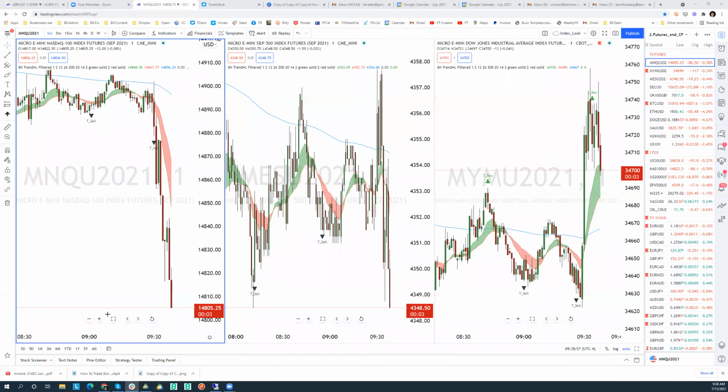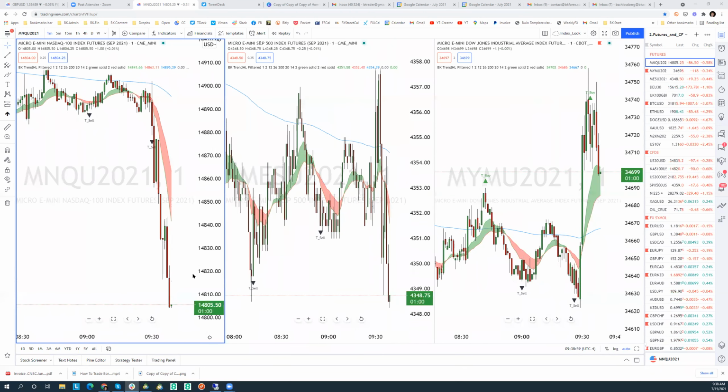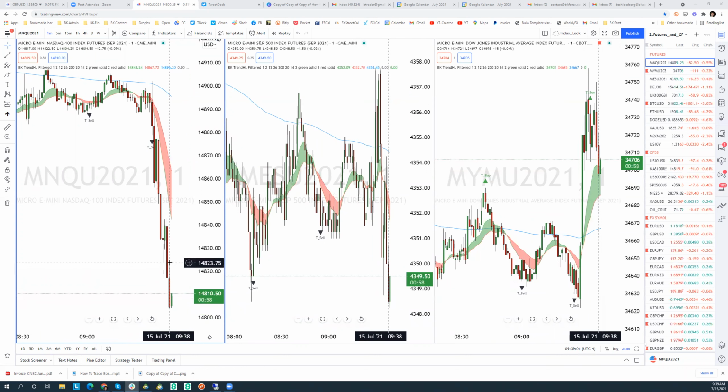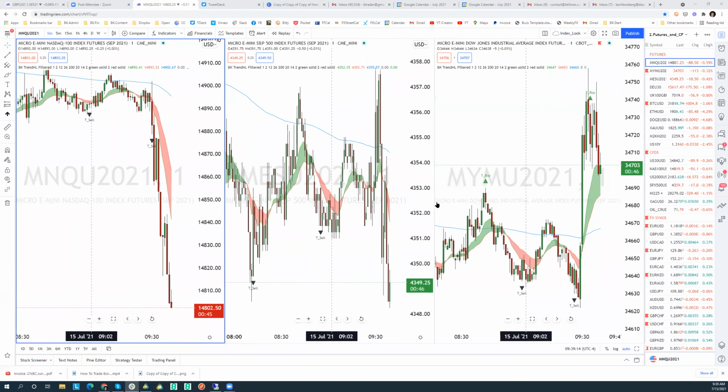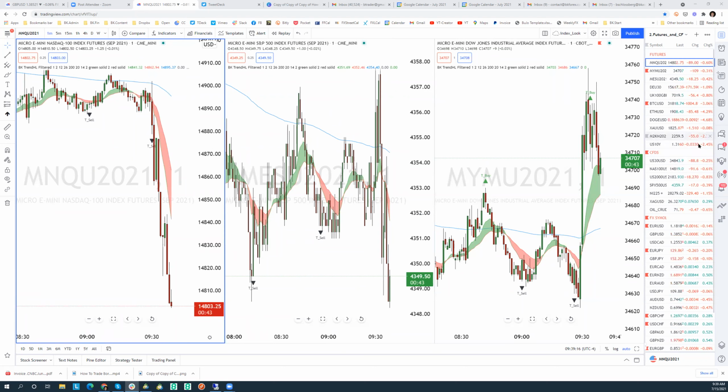Look at Nas. Nas is really pressured. I wonder if Powell is saying anything, in a situation we can taper. I was wondering why anytime you see Nasdaq diving, it's because somebody is talking about possible taper, even though yields are really down. We're at 1.31.